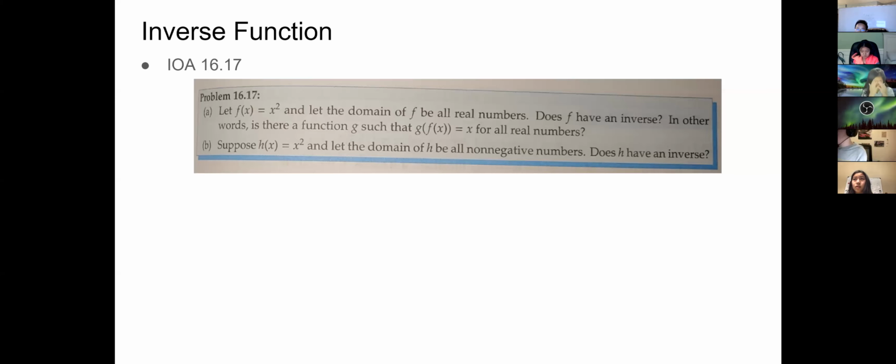Now let's look at B. What about B? Sylvia, do you know the answer of B? No?